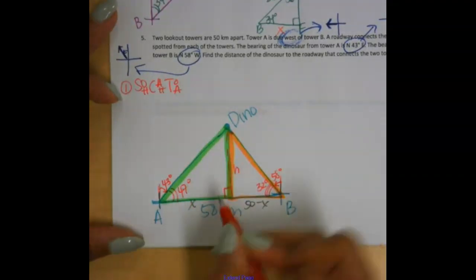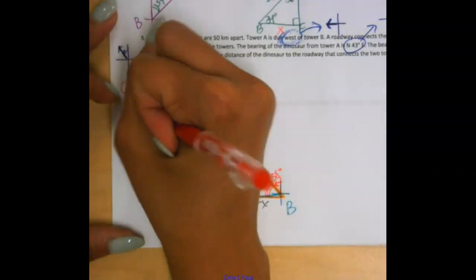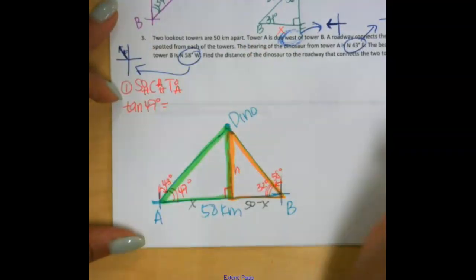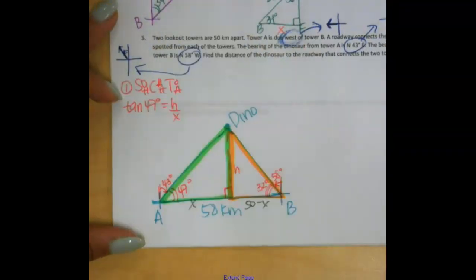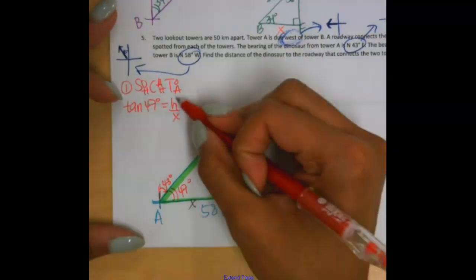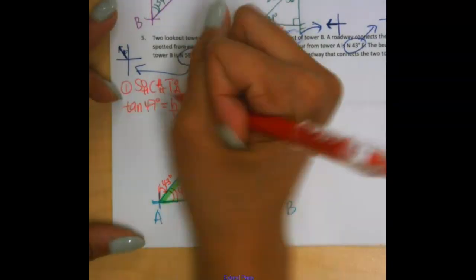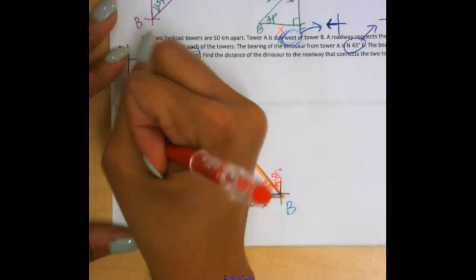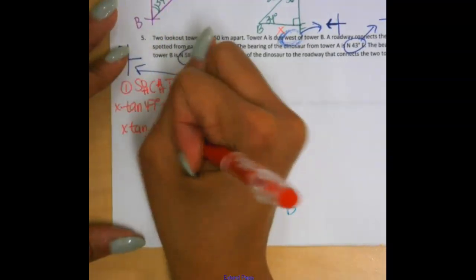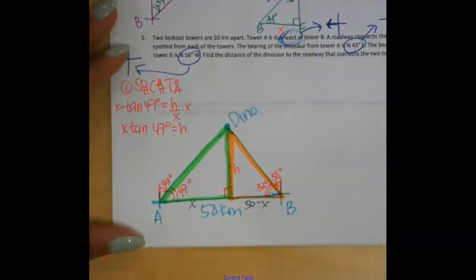This is adjacent. So we're going to use tangent of 47 degrees is going to equal the opposite over the adjacent, which is just X. Remember how we said H is the shared side? How could I get H alone in this equation? What would I need to do to the X? Multiply it by X. So X tangent of 47 degrees is going to equal H. That's part one.